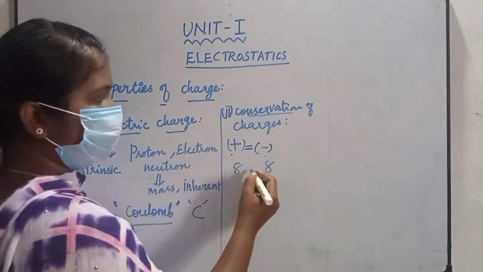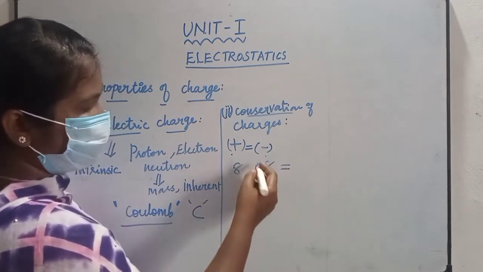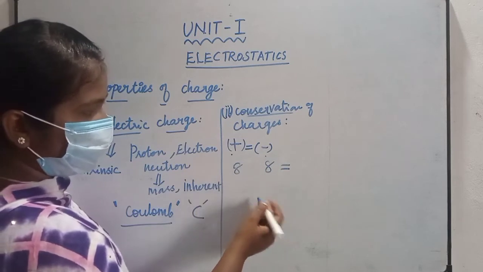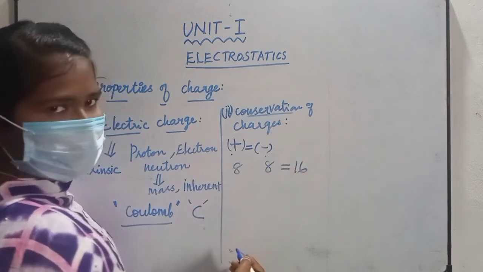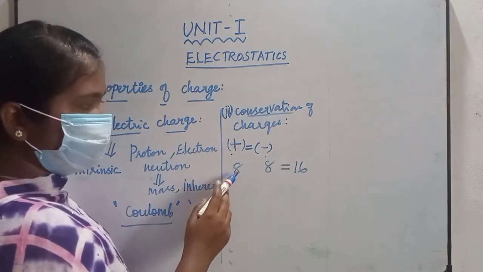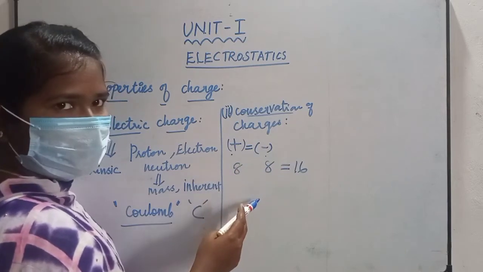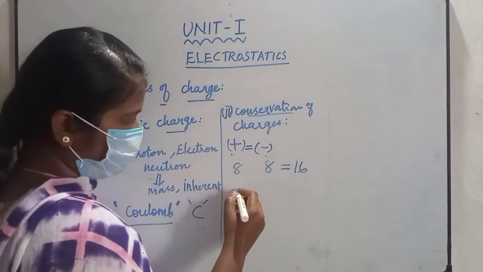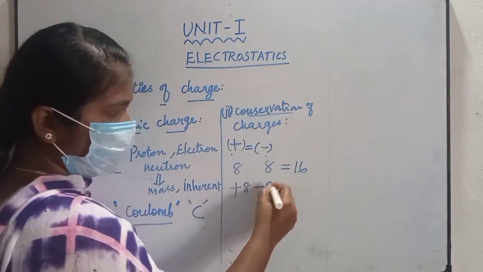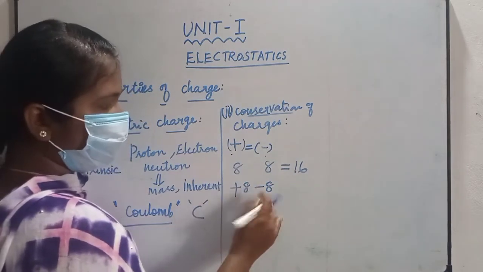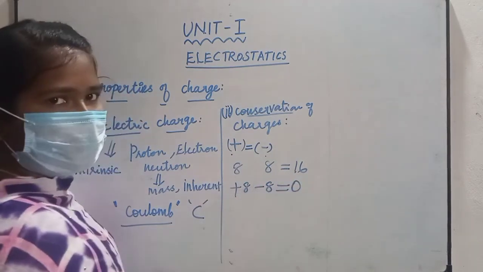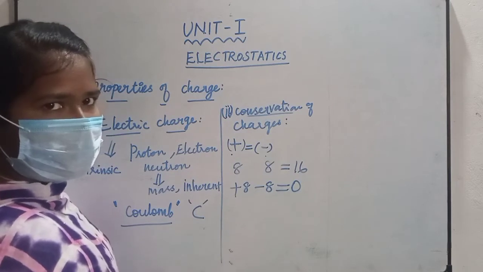So the total charges present inside the atom is 16 charges. If we consider the total change in charge, plus 8 and minus 8, the total change in charge is 0.